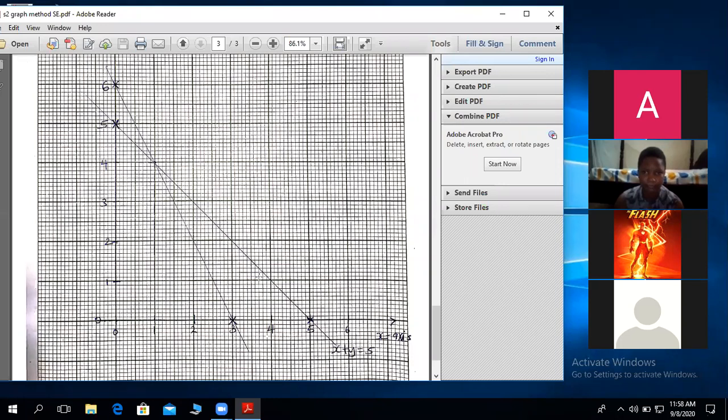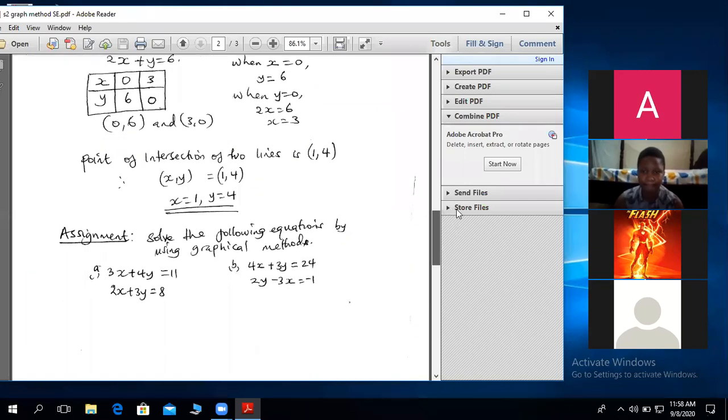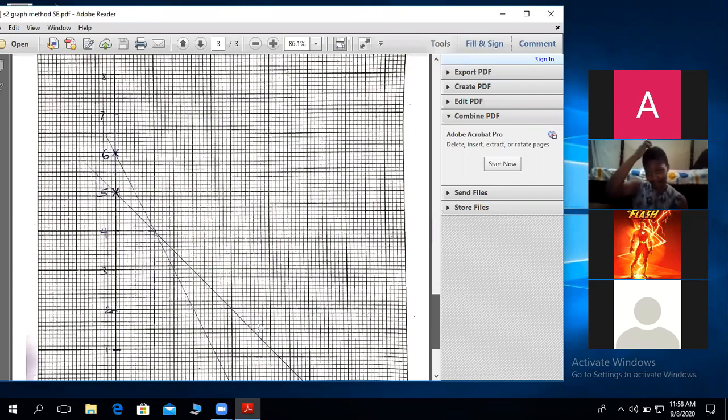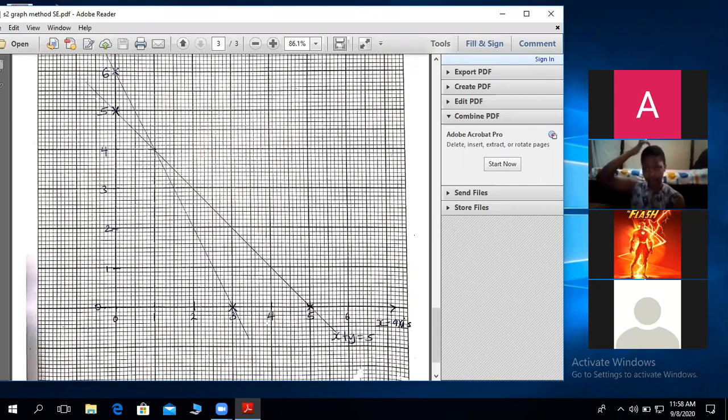Then I now go to my second line. What are its coordinates? Its coordinates are 0, 6 and 3, 0. Here I go. 0, 6 is this one and 3, 0 is this one.